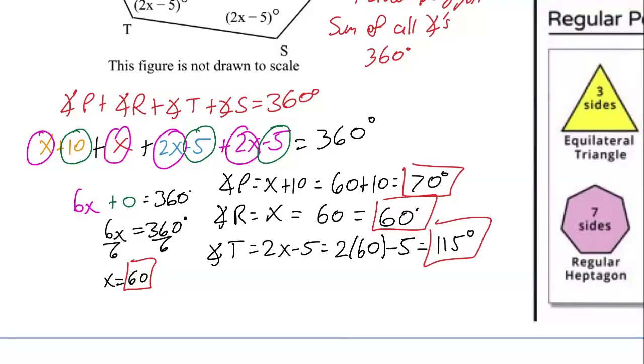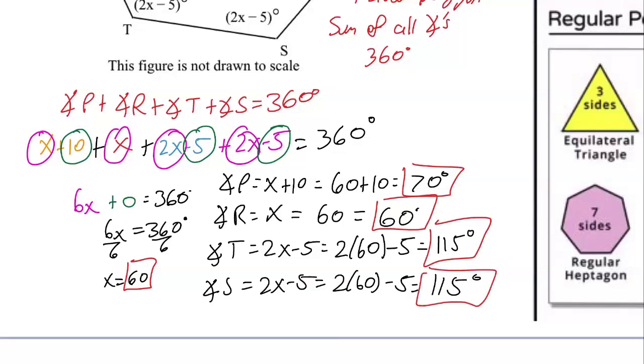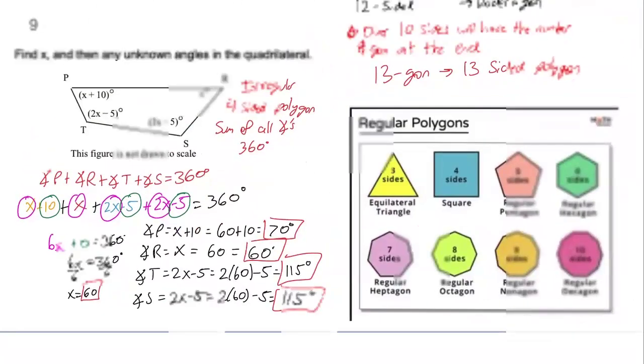So do not do 60 minus 5 and multiply by 2 because that is incorrect. Then the last one, angle S, same thing, 2x minus 5. 2 times 60 minus 5 is also 115 degrees. So for this problem number 9, it's actually gonna have you plug it in. So you're gonna have to just plug into the equations.